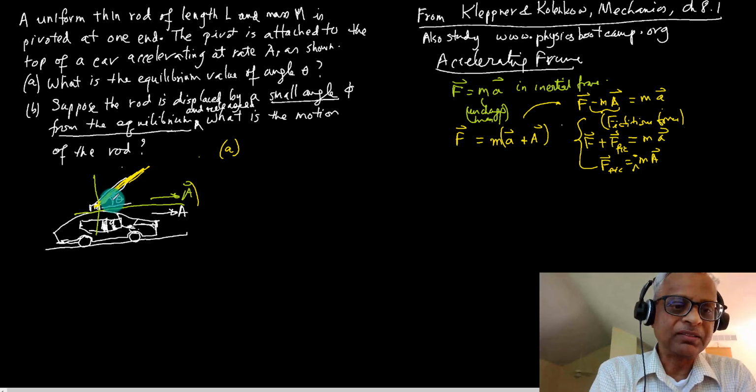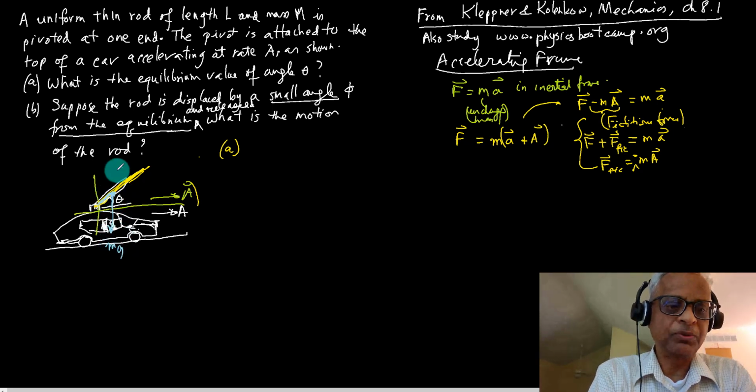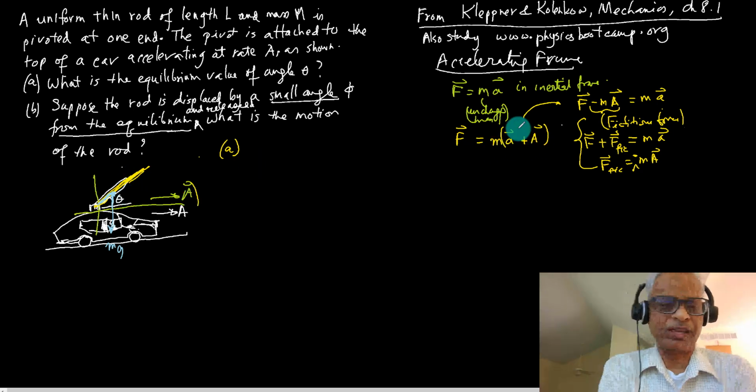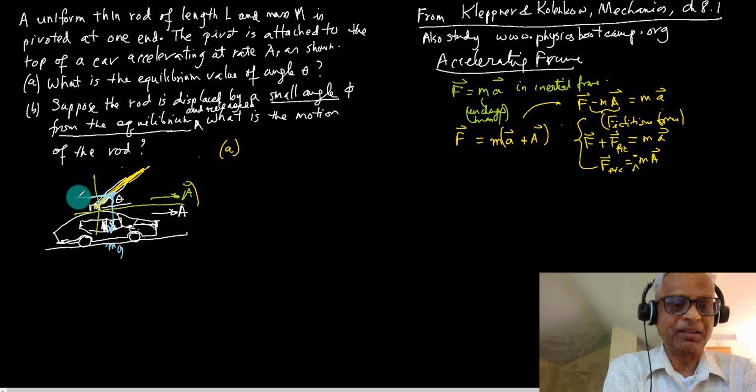At the center, at L/2, you'll have a force of gravity, and then you have a fictitious force ma, in that direction, minus ma, which is F fictitious.